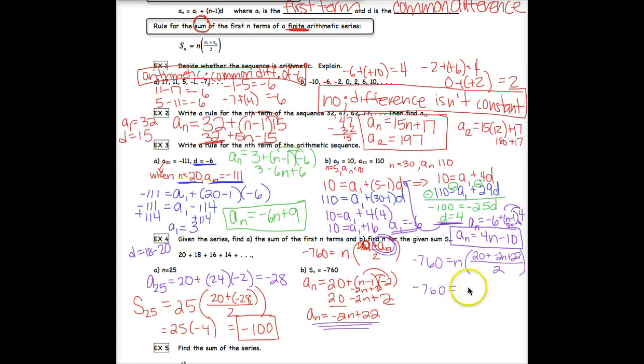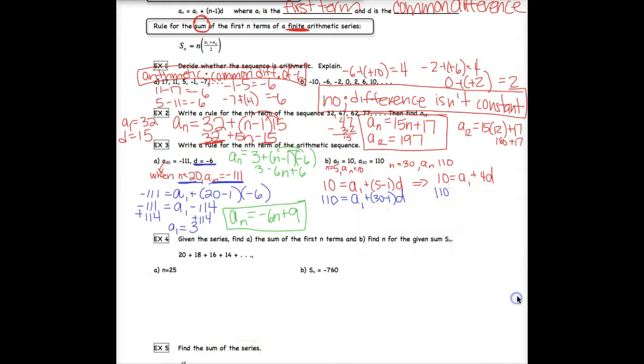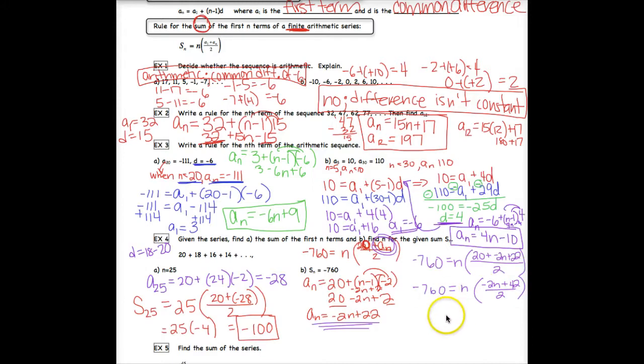On the right side, in the top, 20 plus 22 is 42. And then I've got negative 2n, so that's negative 2n plus 42 over 2. Now, I can do a couple different things here. I notice that all three of these terms happen to be divisible by 2. So I can actually divide this first thing by that 2 and simplify.